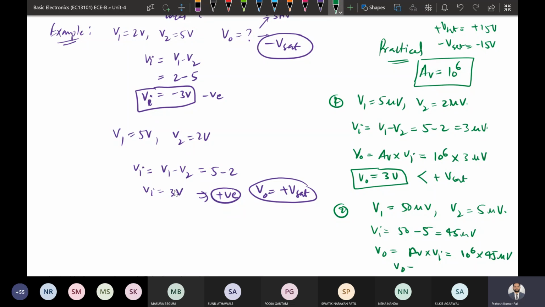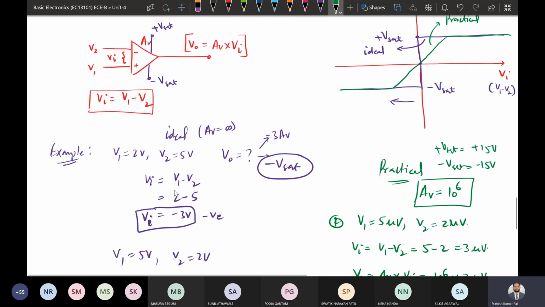So V output is coming out to be 45 volt. So if the output voltage is 45 volt and this is greater than plus V sat, that is 15 volt, then as the output voltage is greater than plus V sat, the output will not be 45 volt. The output will be decided by using the curve.